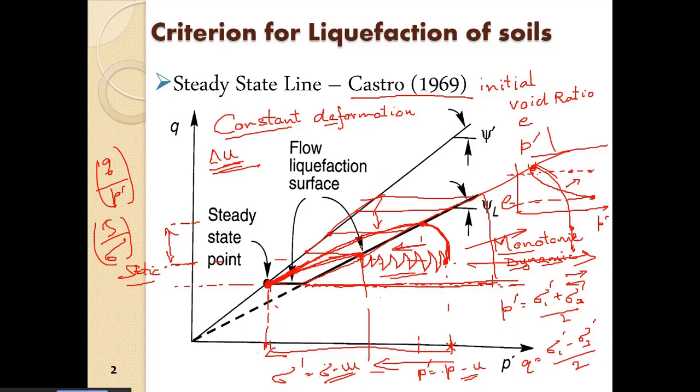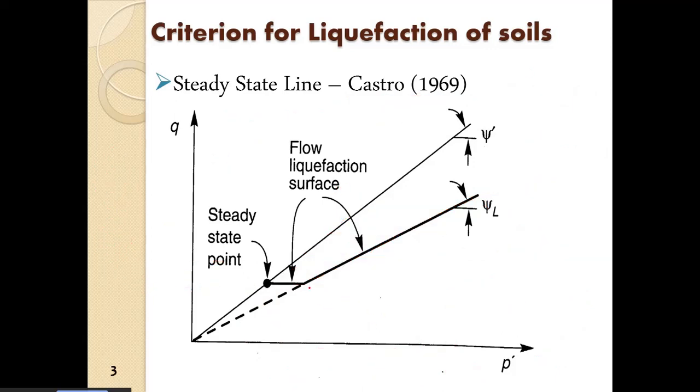So in that sample there will be dilation. If a point is here, we saw that there is dilative behavior during monotonic load. Okay, we are talking about flow liquefaction. Obviously, if the point is below this line, now there may be chances of cyclic mobility.